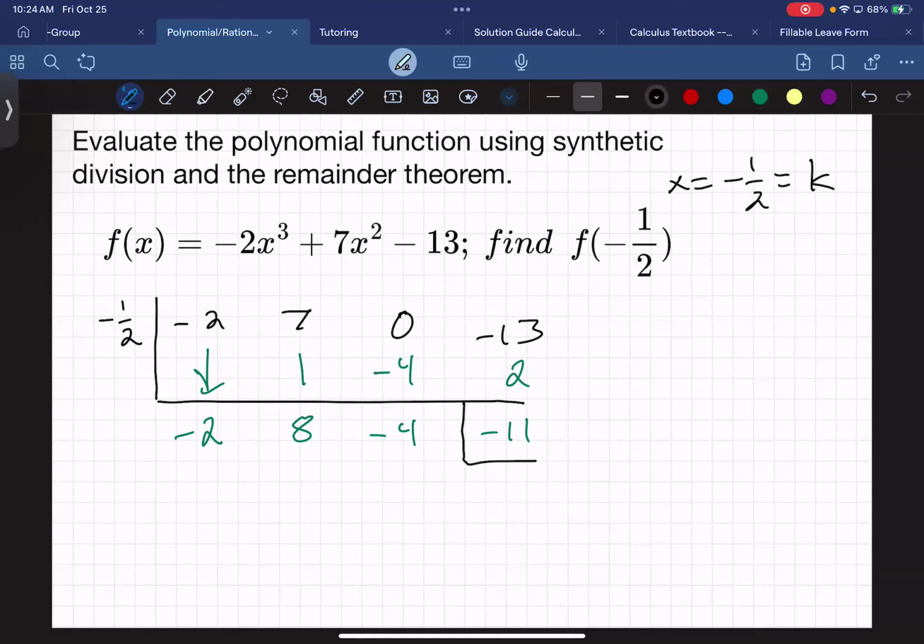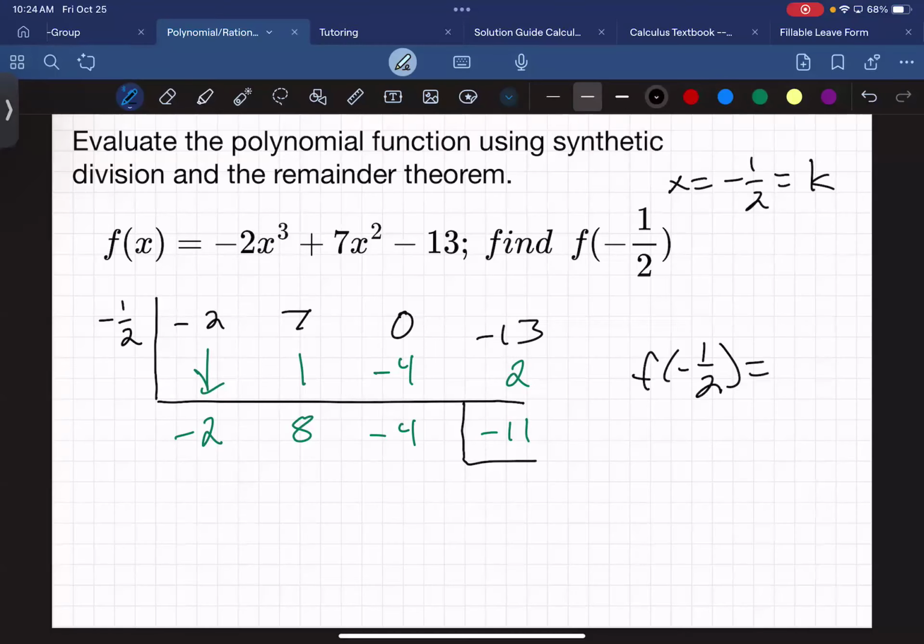So what are we going to conclude that f of -1/2 equals? What does f of -1/2 equal to? Not the quotient. The remainder theorem states that f of k equals r.